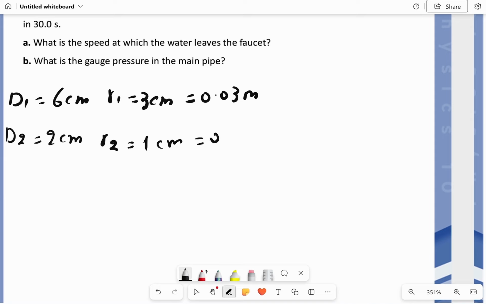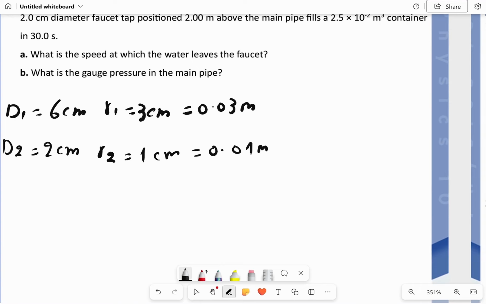Then you should change this to meters, 0.01 meter. This is the second radius. And you have volume, which is equal to 2.5 times 10 to the power of minus 2 meter cubed. Then you have delta t, which is equal to 30 seconds.